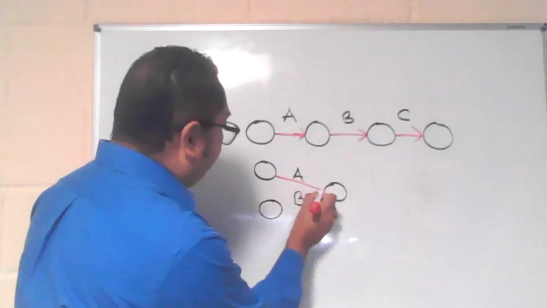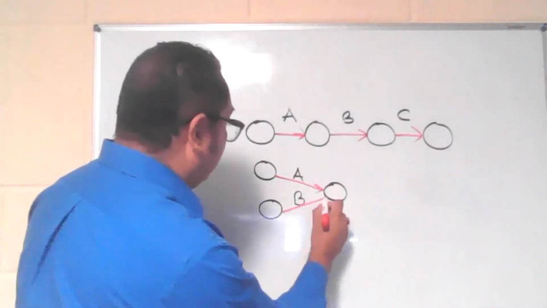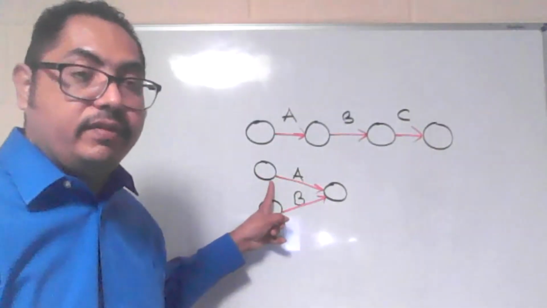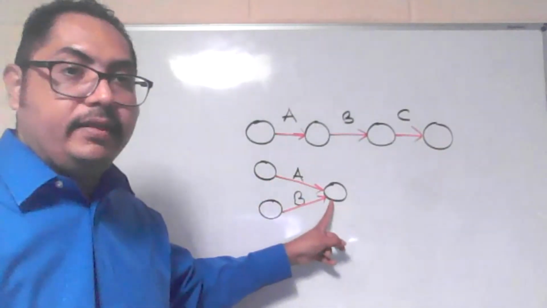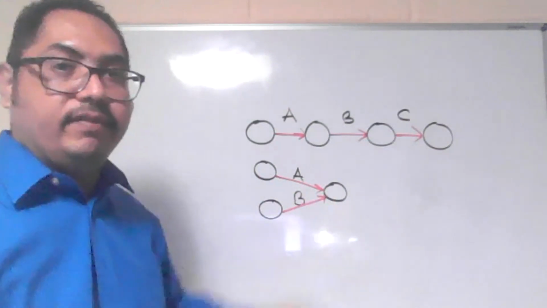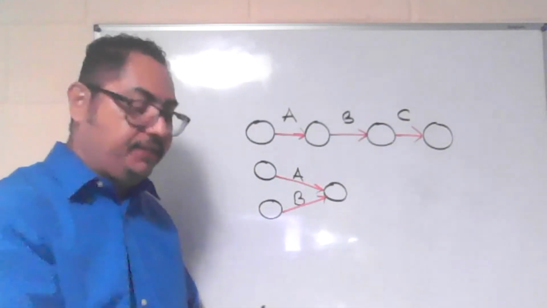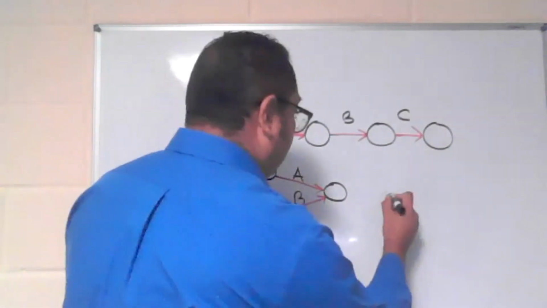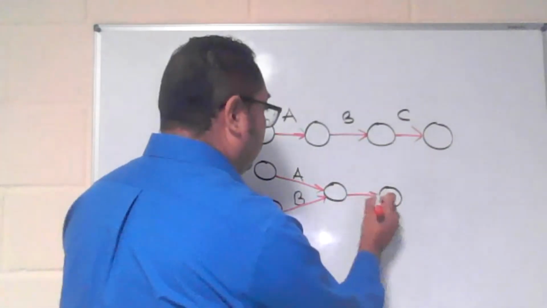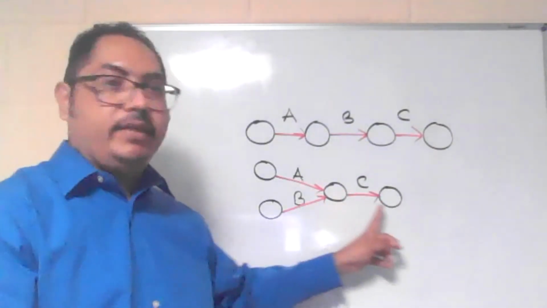So this is an activity on arrow, which tells us that this is the start of activity A and the end of activity A, the start of activity B and the end of activity B, which marks the start of activity C. Of course, activity C would have its end as well.